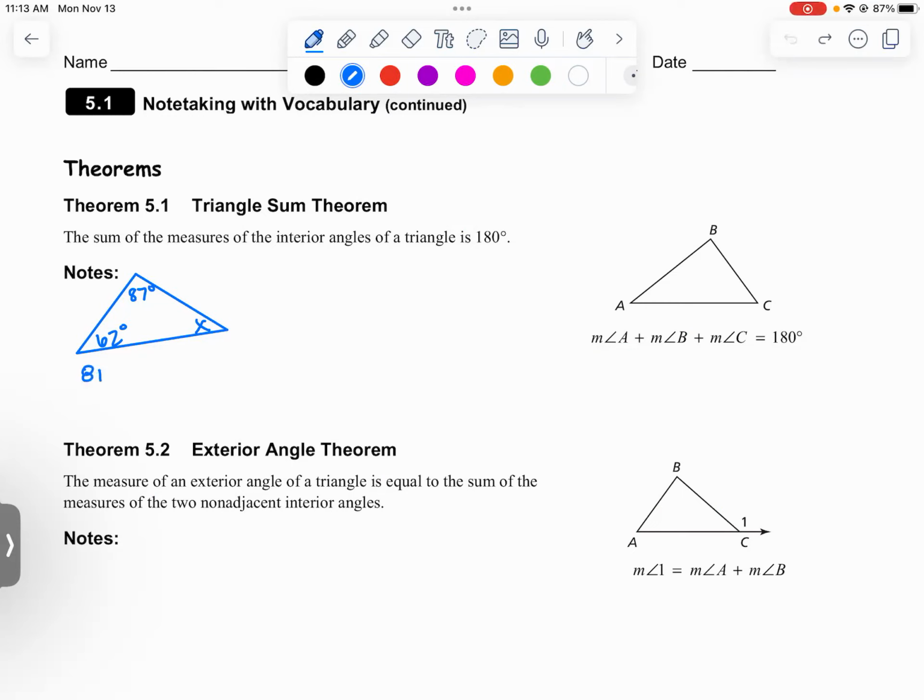Add them up, knowing that they equal 180 degrees. 87, 62. 31. Okay.